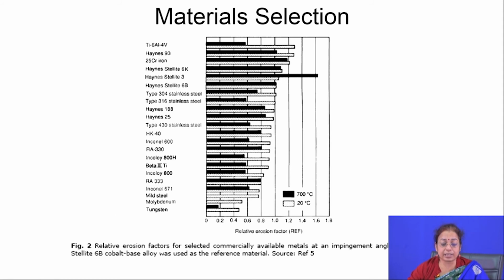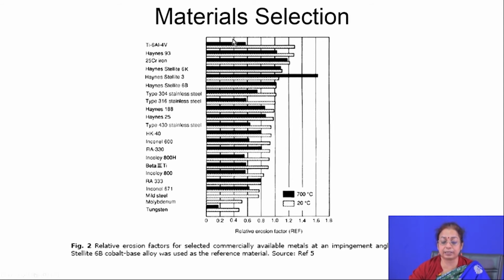So, whenever you are interested to select materials for an erosion resistance application, you have to know the erosion behavior of different materials. The erosion behavior of the different materials is sequentially arranged here, at different temperatures.